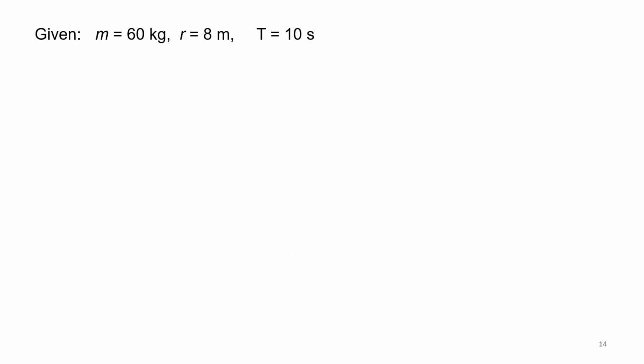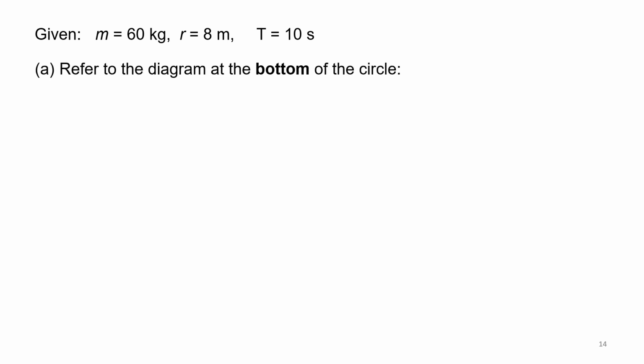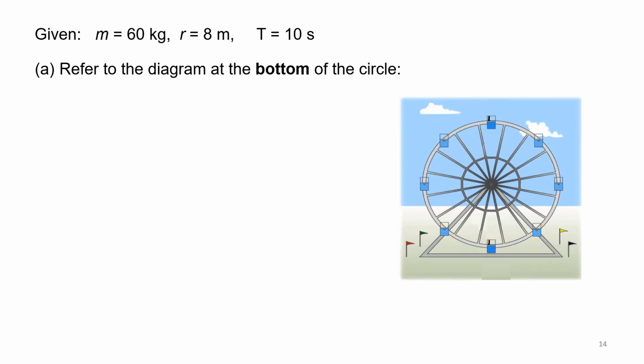Okay, next for question B, we're going to calculate the normal force acting on the rider at the bottom of the Ferris wheel. Okay, sketch the free body diagram. So the first force is the normal force directed upwards, perpendicular to the surface.